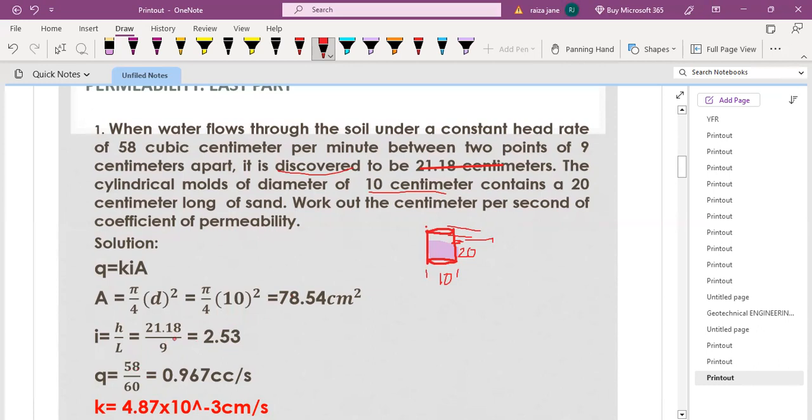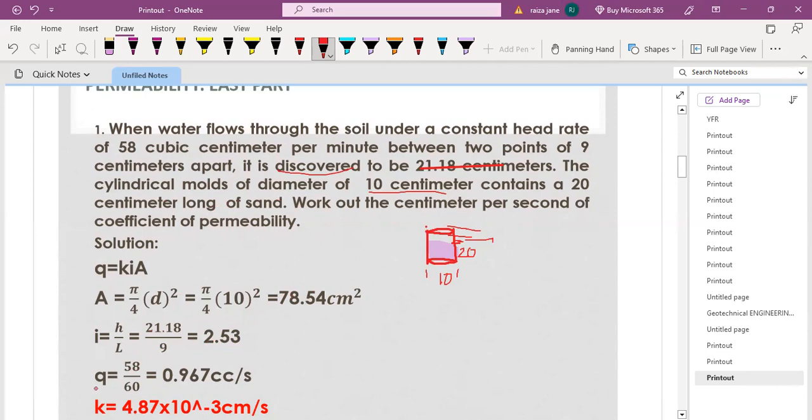Yung length niya na mamumove apart will be 9. So 21.18 divided by 9 is equal to 2.53.